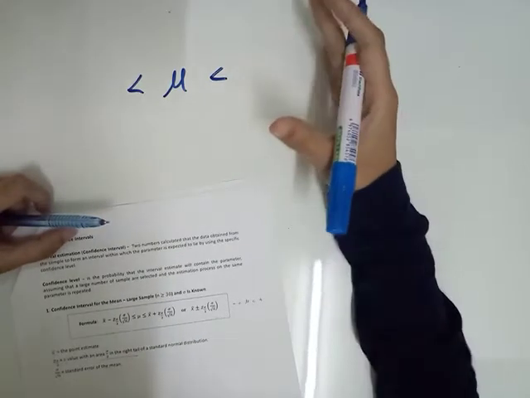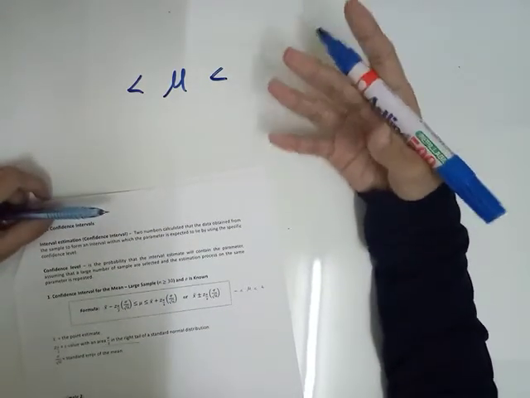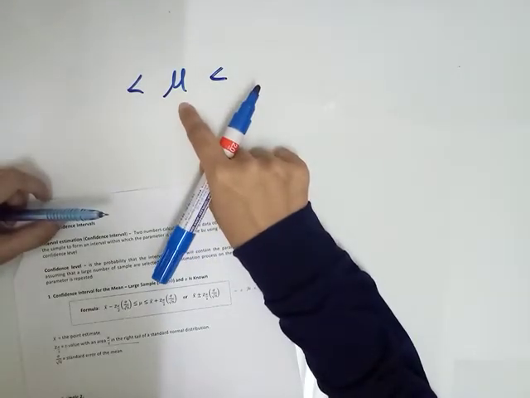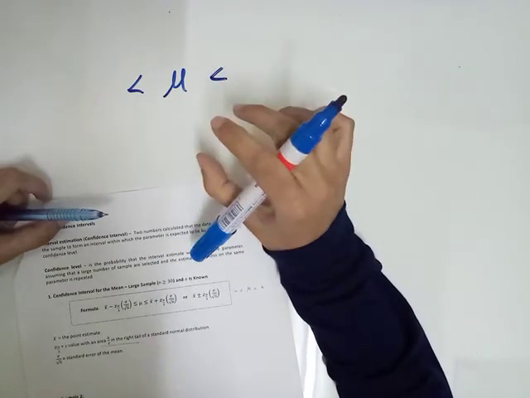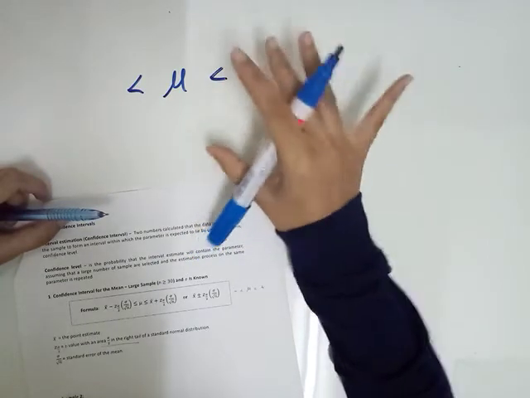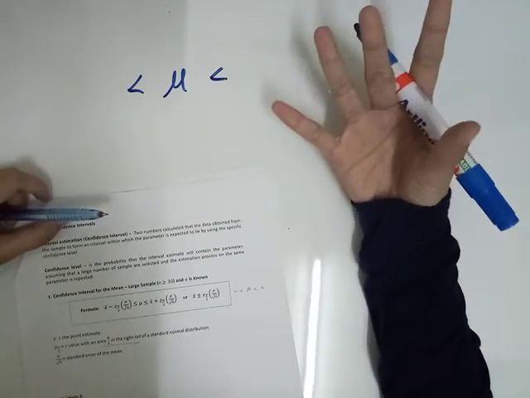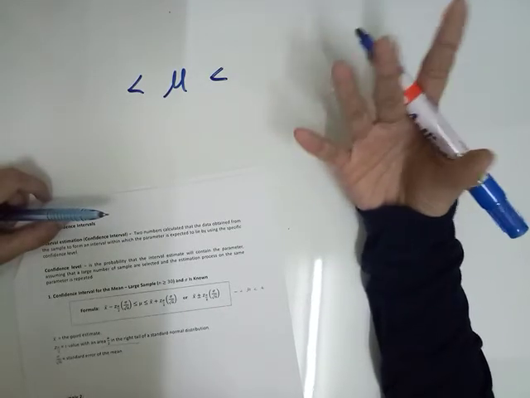What is the confidence level? It is a probability. The probability will be given in the question. So we find the population mean by taking the data from the samples, which is point estimation, and then use the confidence level, the probability given in the question.